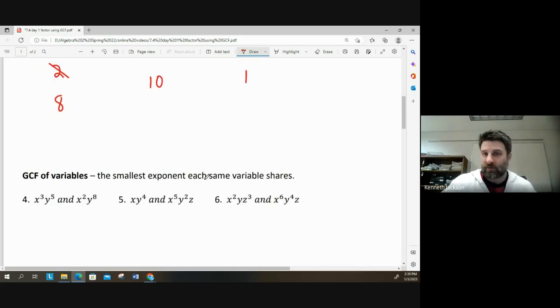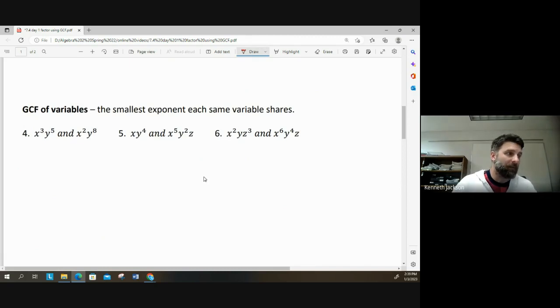In Algebra 2, which is where we're at, we have to talk about the GCF of variables. This gets a little bit more tricky. When we're looking for the GCF of variables, and again we're still looking for the greatest common factor, that is going to be the smallest exponent that each same variable has in common. For example, on number 4, in this monomial, x to the third, y to the fifth, and in this monomial, x squared, y to the eighth, both terms have an x in them.